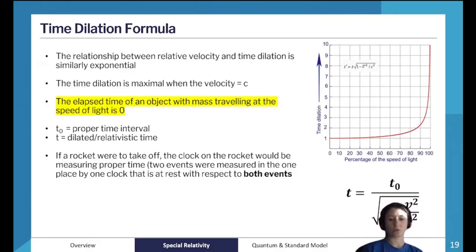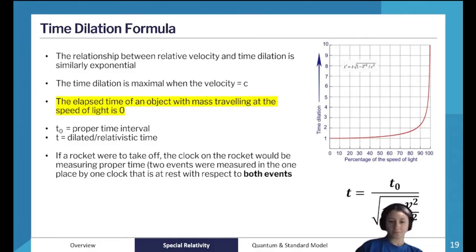So T naught is the time that you would measure if you had the reference frame in which the object wasn't moving. So if you were on the rocket, and then the relativistic frame, or T, is the one in which you're seeing that rocket move. All right?